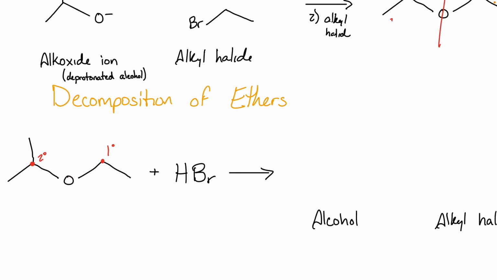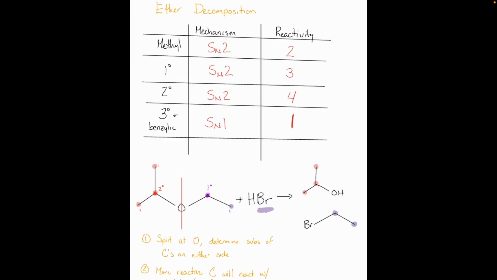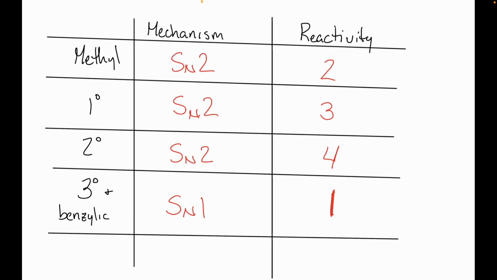When we're talking about our decomposition of ethers, we're going to do the same thing. We're going to determine the degree of substitution of the carbons on either side. But then we have to remember that we created this reactivity series here, where we ranked each type of carbon, methyl, primary, secondary, and tertiary or benzylic, based on how reactive it is.